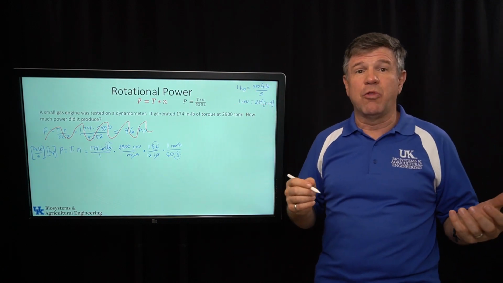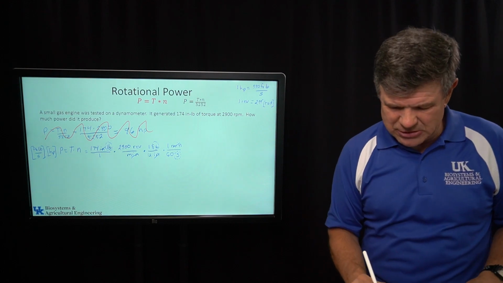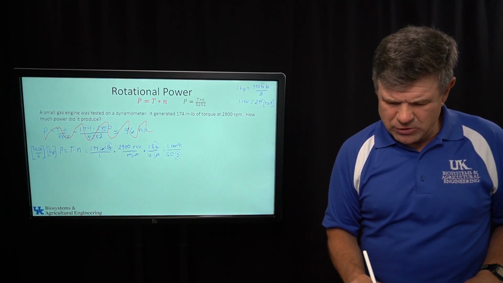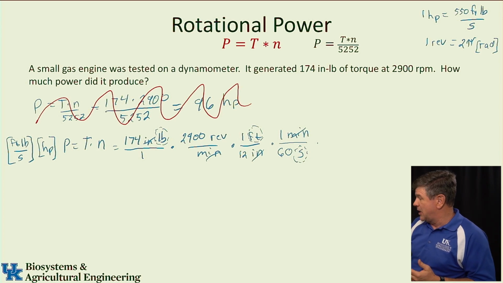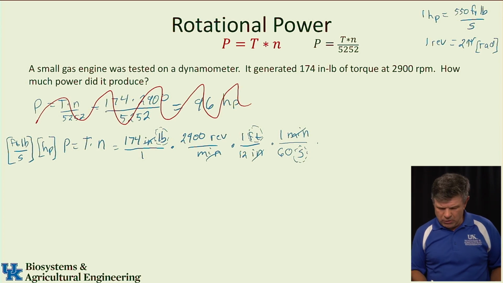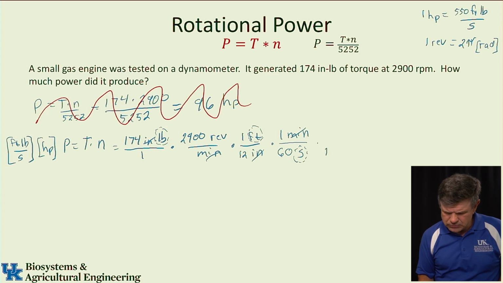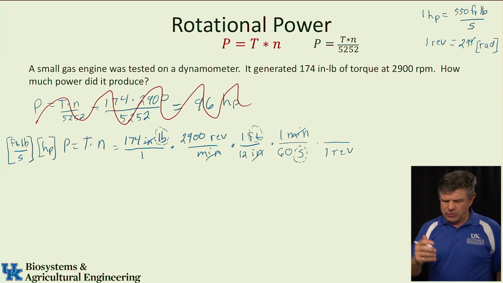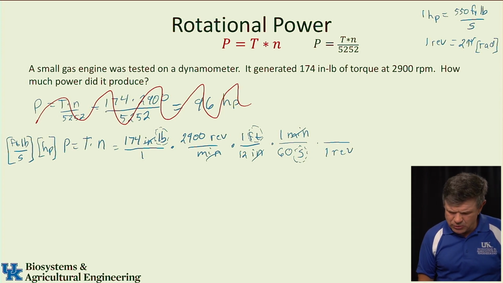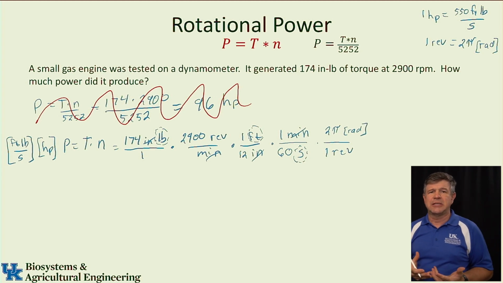So here's the cool thing. To get rid of radians, we just get rid of revolution. I have revolution in the numerator, and I want to get rid of it, so I'm going to put 1 revolution in the denominator. That'll make it cancel. In the numerator above that, what's equivalent to 1 revolution is 2 pi. Again, I'll stick the radians in a bracket, but we consider that to be unitless.